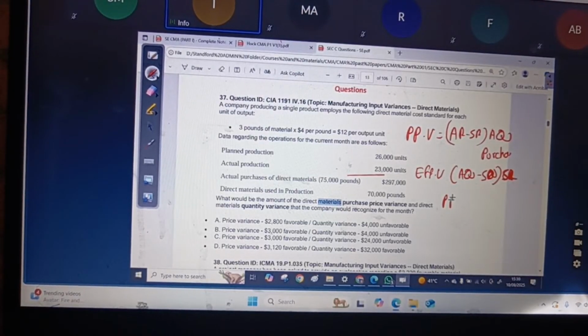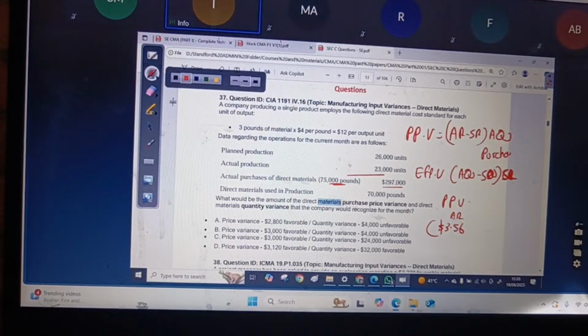We get 3.56, this is the actual rate. Minus standard rate, this is for standard rate, 4.